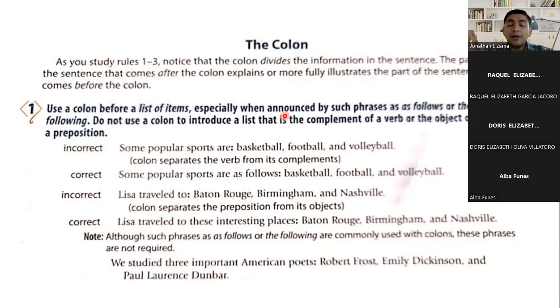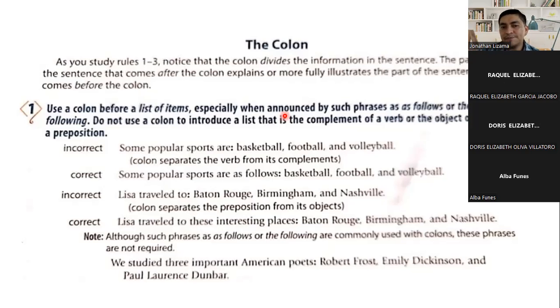Don't use a colon to introduce a list that is the complement of a verb or the objects of a preposition. For example, some popular sports are basketball, football, and volleyball. Incorrect. Colon separates the verb from its complement. No se puede. Dice, some popular sports are.